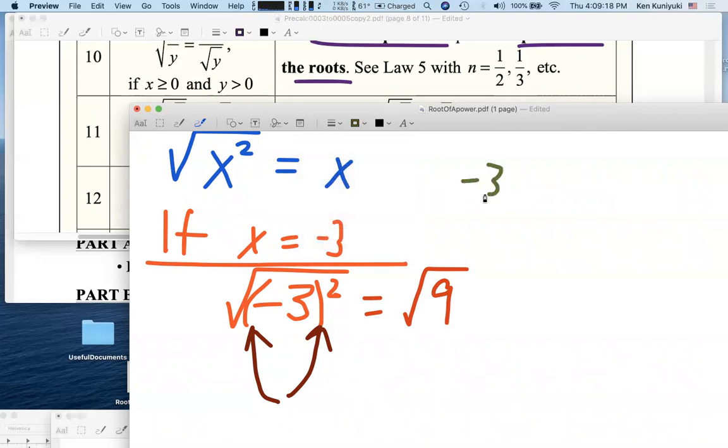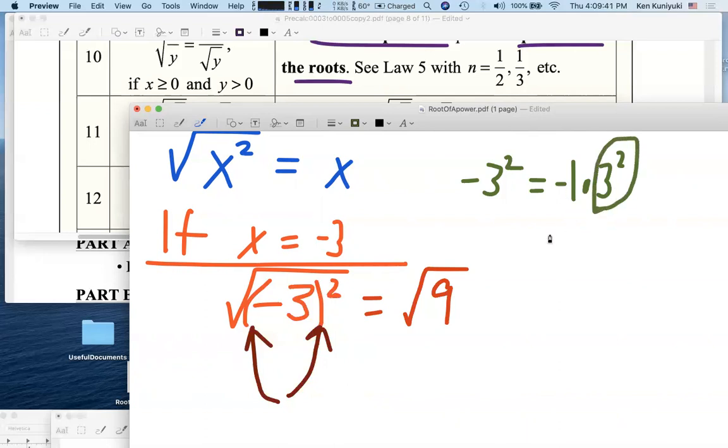What's this? As it stands, what's this based on the order of operations? You could read this as -1 times 3 squared. But which comes first? Multiplication or exponentiation? The exponentiation comes first.